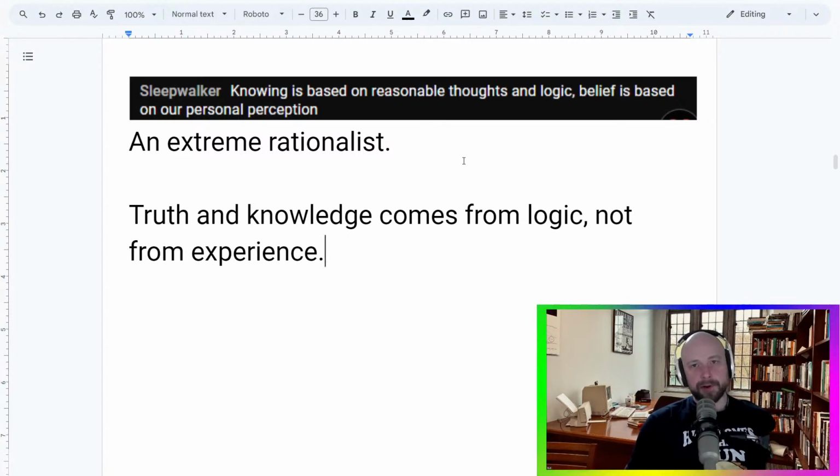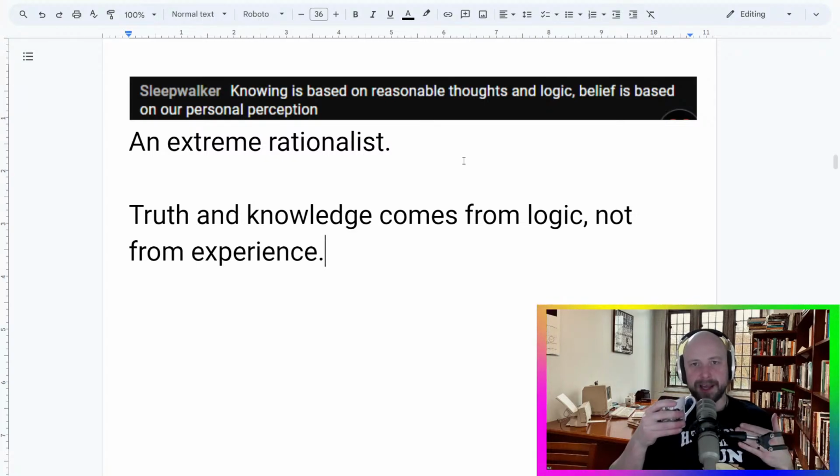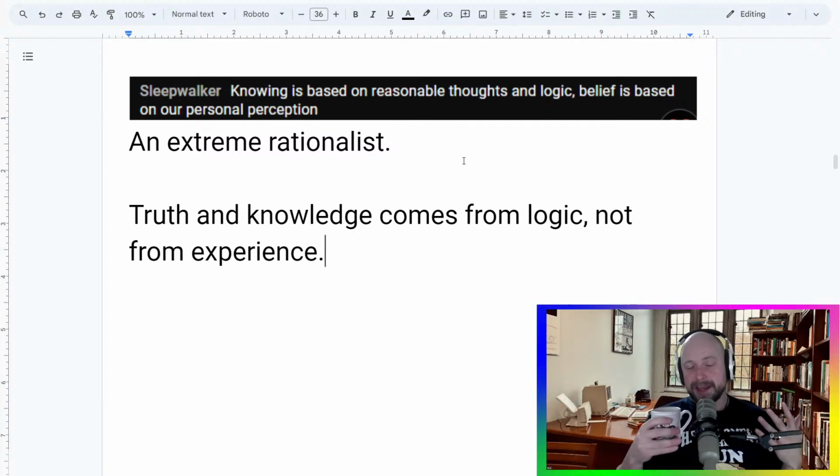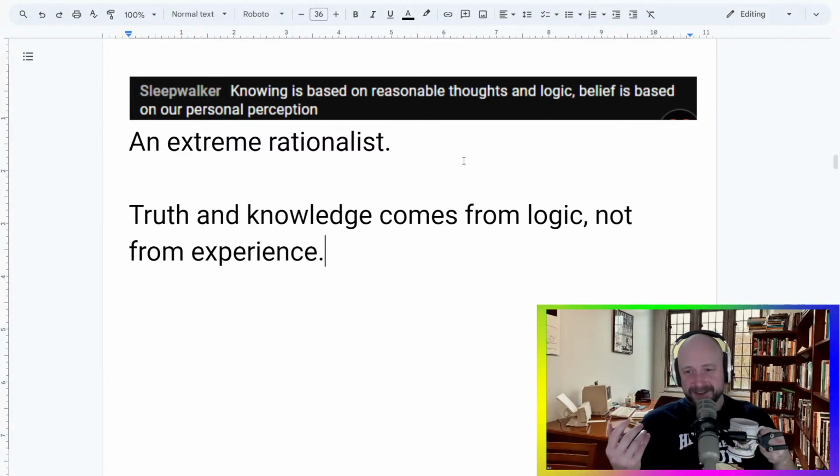So if knowledge comes from logic, not from experience, then the things that we can know are quite limited. For example, by Sleepwalker's definition, I cannot know that I have a coffee in my hand. I have the experience of a coffee in my hand. I remember making it. I can taste it. But I don't know because I'm relying on my perception.